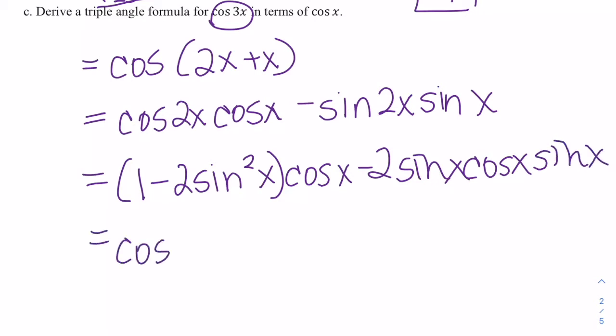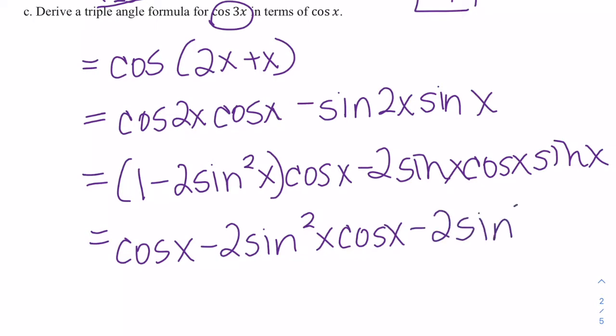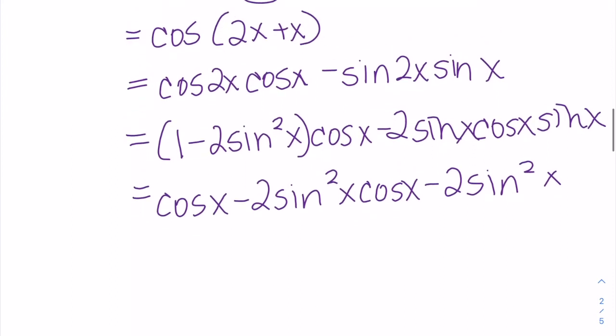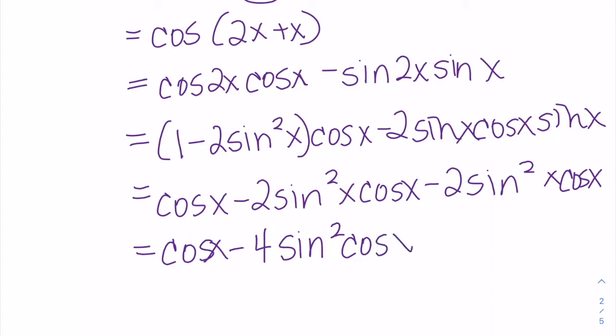So I'm going to just simplify this a little bit. So we have cosine of x minus 2 times sine squared times cosine of x minus 2 times sine squared, and that's going to be a cosine of x here. So we do have like terms, so we can rewrite this as cosine of x minus 4 times sine squared x cosine of x.